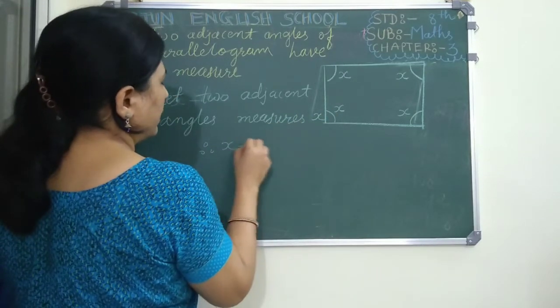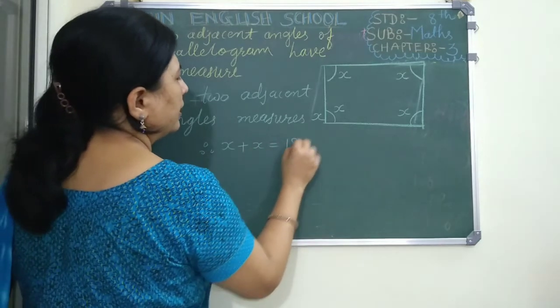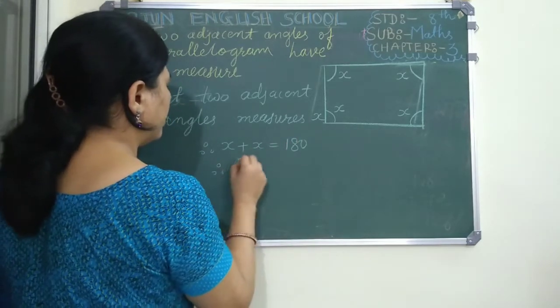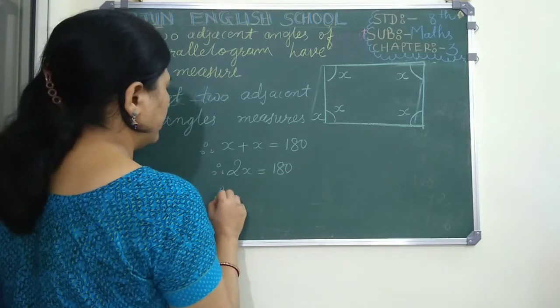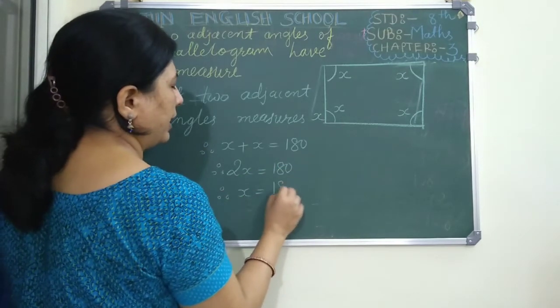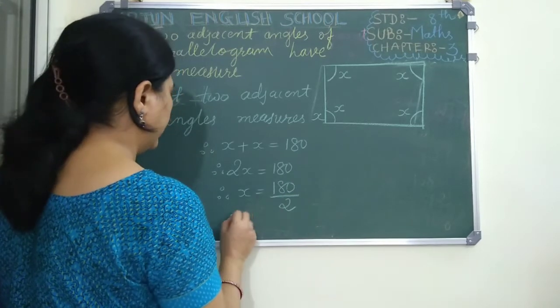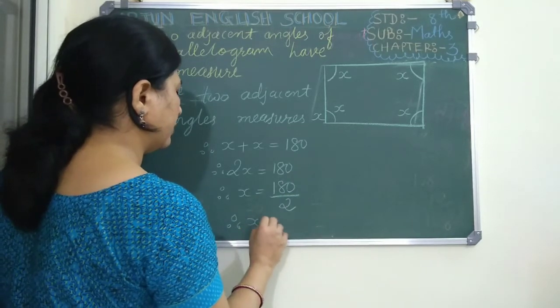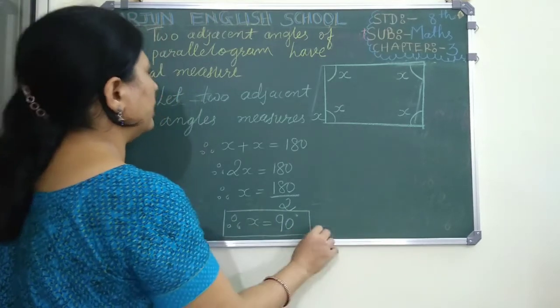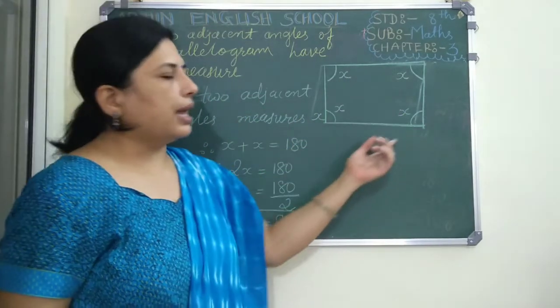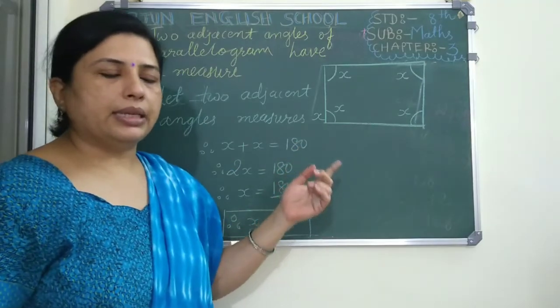Therefore, x plus x is equal to 180. Therefore, 2x is equal to 180. Therefore, x is equal to 180 divided by 2. Therefore, x is equal to 90 degree. So, we can say that here each angle measures 90 degree.